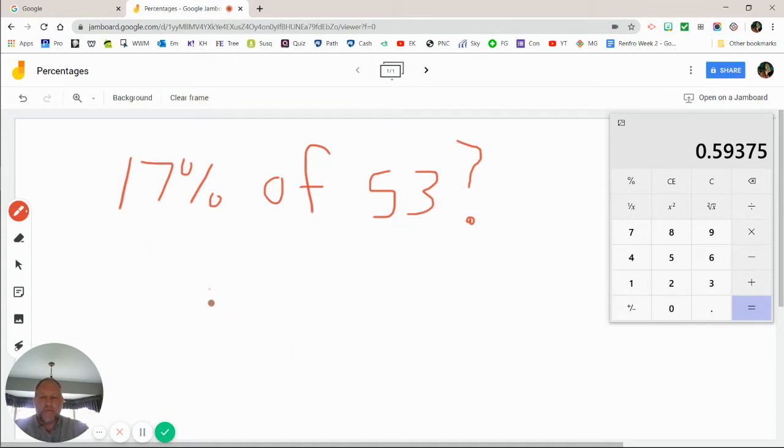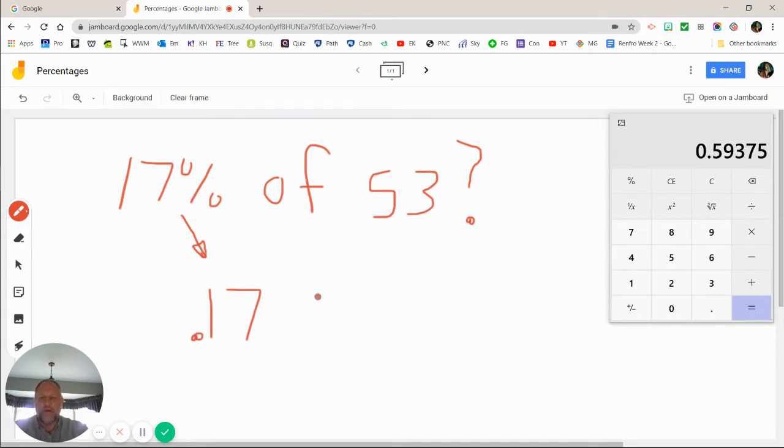The first step is to change the percentage into a decimal, okay? And what you do here, remember the decimal, when we have a whole number and there is no decimal, the decimal is there. This has nothing to do with it. It's still a decimal there. We just don't write that, okay? We've talked about that a gazillion times. So the first step you do is move the decimal 2 places to the left, okay?